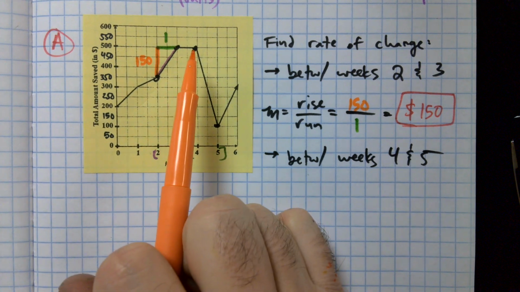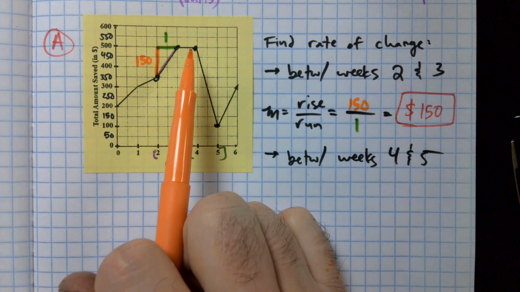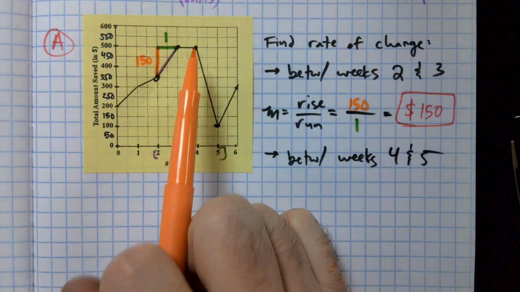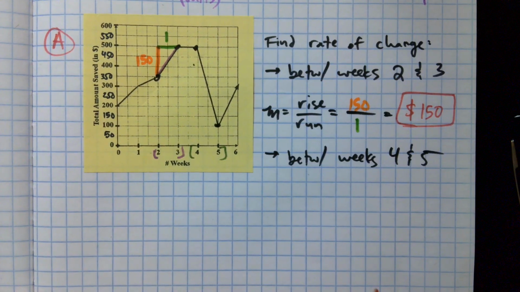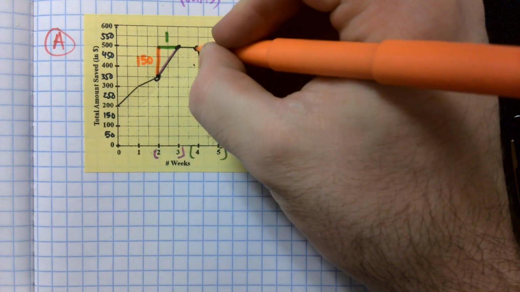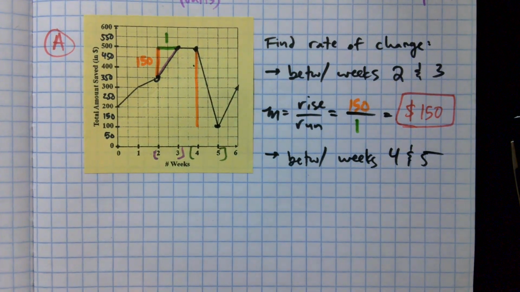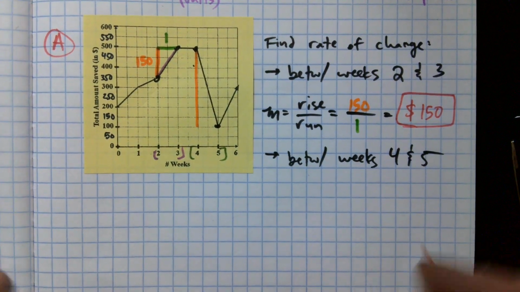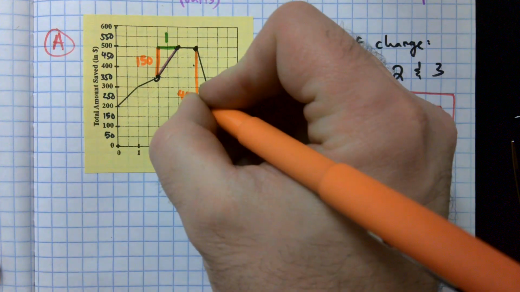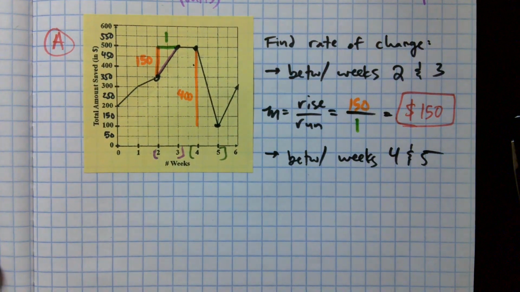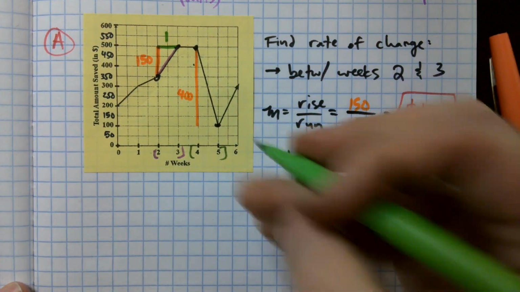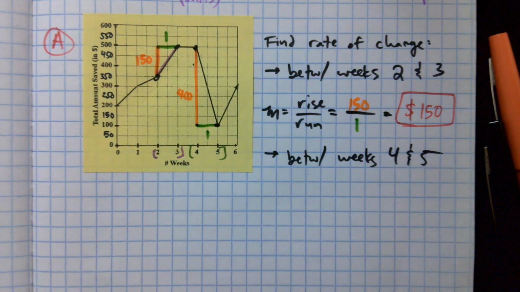I start right here on the left. I got to do rise over run. What direction am I rising here, though? I'm rising down. How many dollars down did I rise? $400. How many weeks am I running over? 1.